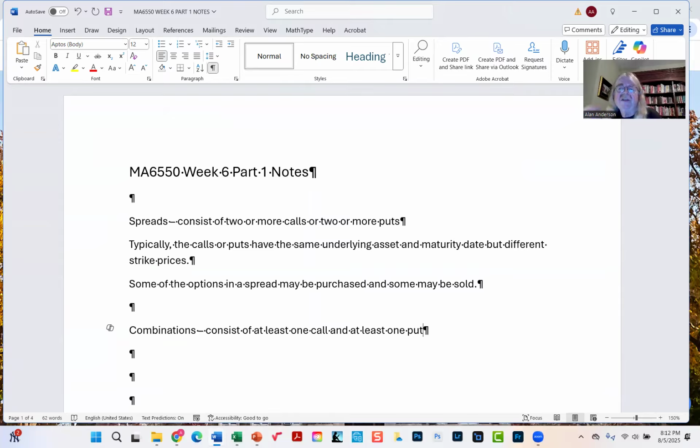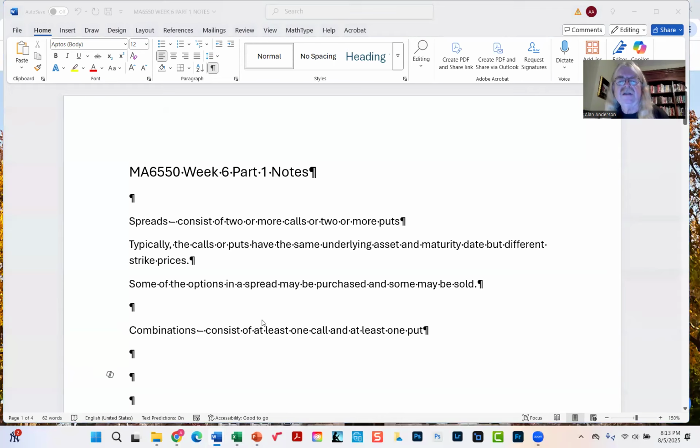They could actually have the same strike price. But often they have different strike prices. Again, we'll be assuming that the asset is the same for both options and the maturity date is the same, because if not, it makes things a lot messier, and maybe it isn't even a spread or a combination anymore. So that's what we'll stick with here.